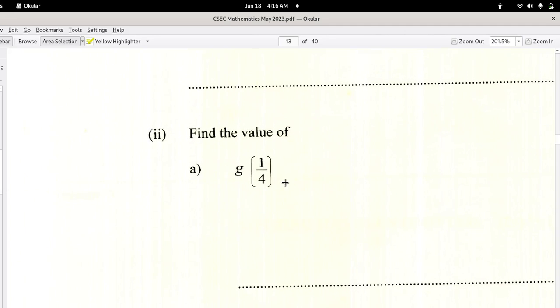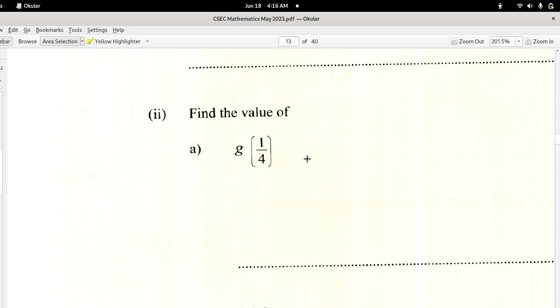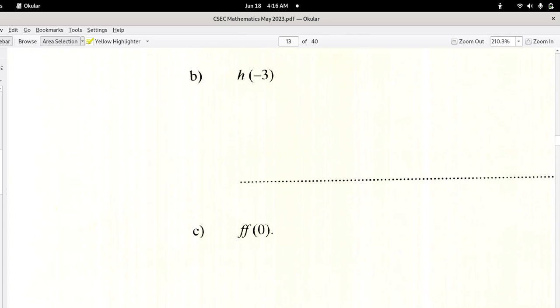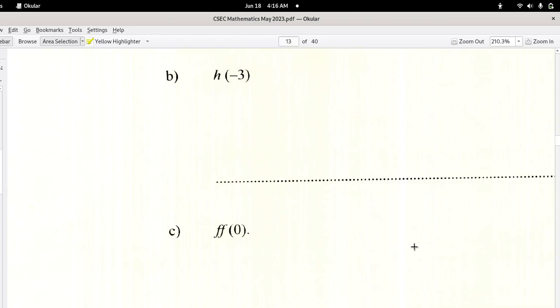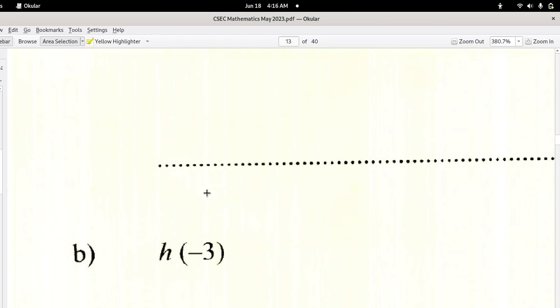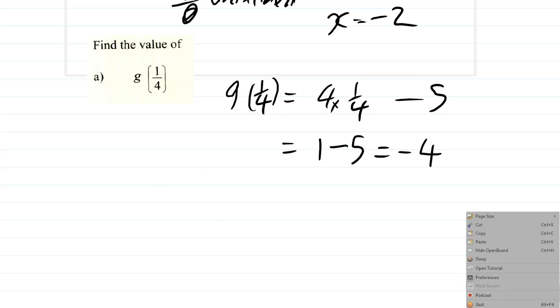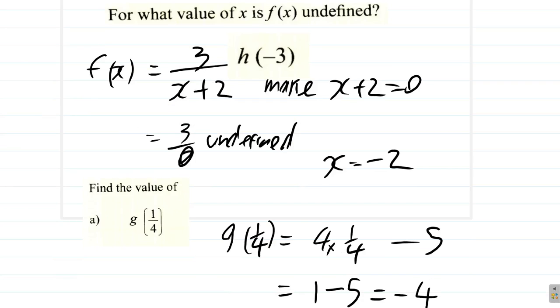Let's see what else is going on here. h of negative 3. How many marks is that? Another 1 mark. Remember, these marks add up. So we want to find h of negative 3. Let's pull the h of negative 3 down here.